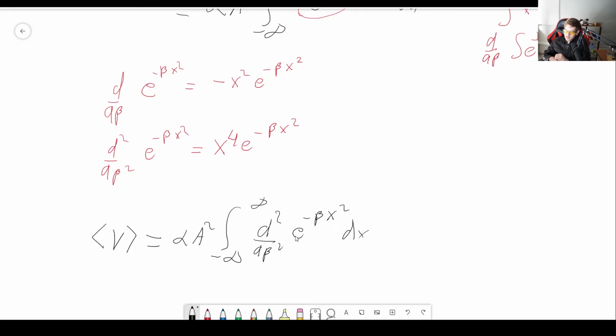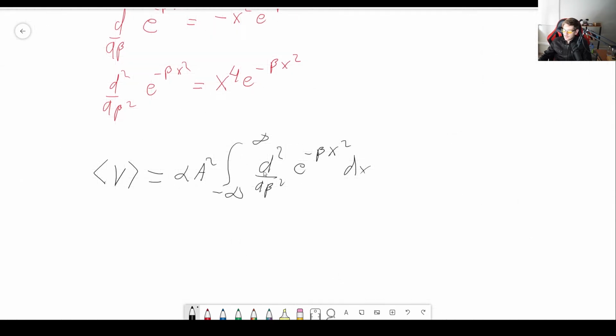And the beta is 2b, don't forget about it. So we can now pull this d squared over d beta squared out of the integral. And we already know what that integral is. It's simply a Gaussian integral. That's why we used this trick. And that's going to be square root of pi over beta.